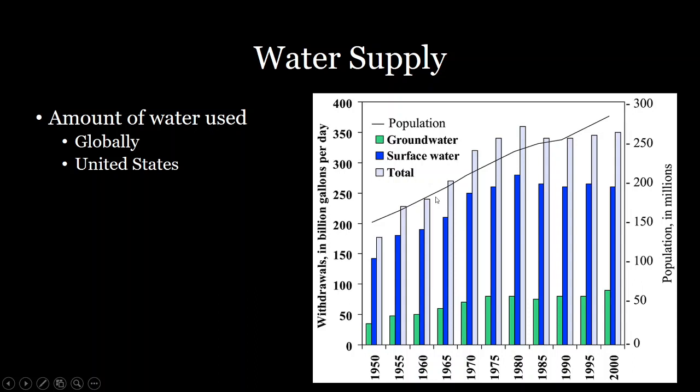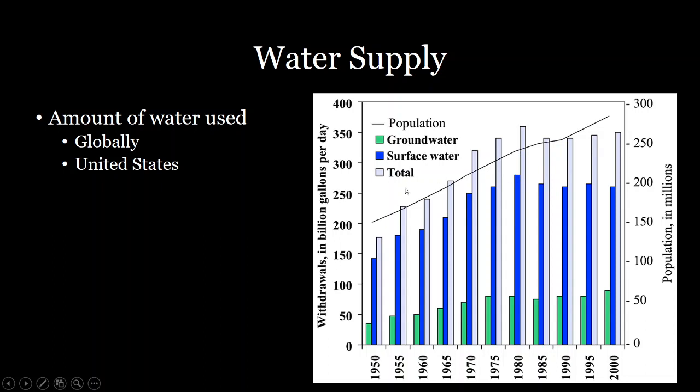We can see here that just as that previous graph showed, the U.S. water withdrawals has been fairly constant since the 1980s. That's these gray bars here. It has steadily increased from the 1950s to the 1980s, and it's since kind of leveled off, as you can see here.